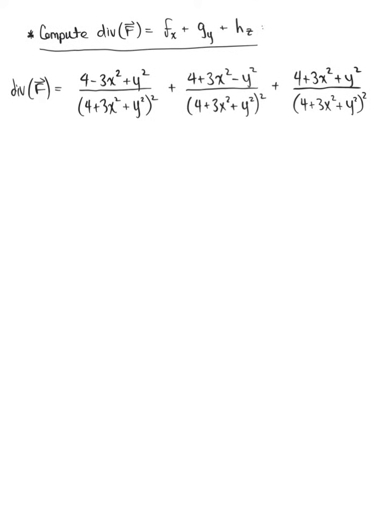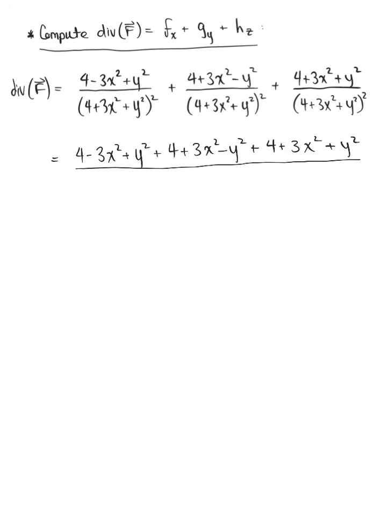And we need to, of course, simplify this. Now that everything has that same denominator, we can simply rewrite this as 4 minus 3x squared plus y squared, plus 4 plus 3x squared minus y squared, plus 4 plus 3x squared plus y squared, all over that one happy denominator of 4 plus 3x squared plus y squared, squared.